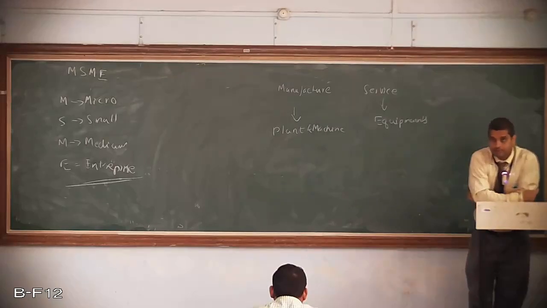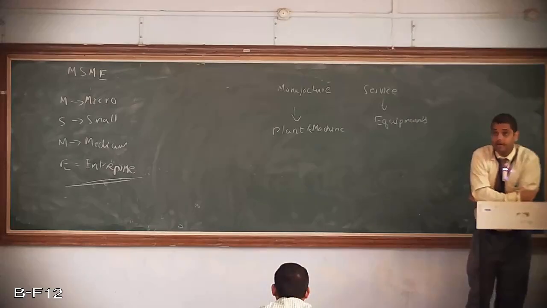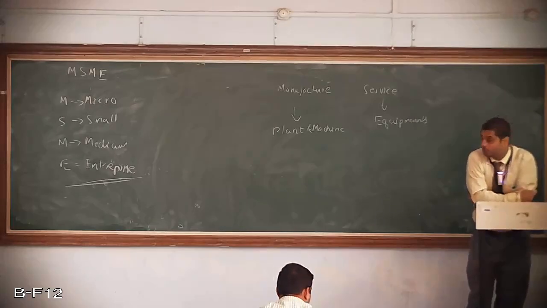For manufacturing, according to the 2006 Act, if the investment into the company is less than 25 lakhs, it's called a micro enterprise. When I say investment into the company, it's only into the plant and machinery.